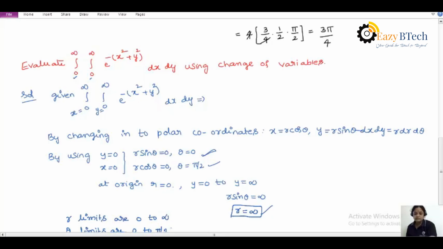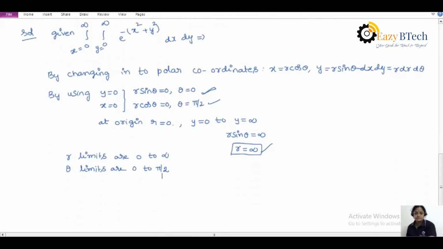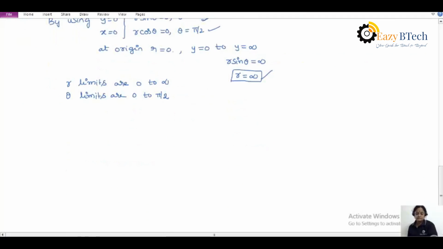Now doing the integration of the given question, changing the integrand also into polar form. Then integral r is equal to 0 to infinity and theta is equal to 0 to pi by 2, e power minus of x square plus y square, that is, r square, and dx dy is r dr d theta.